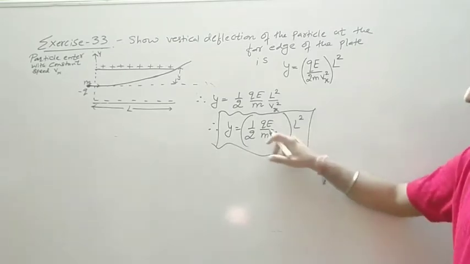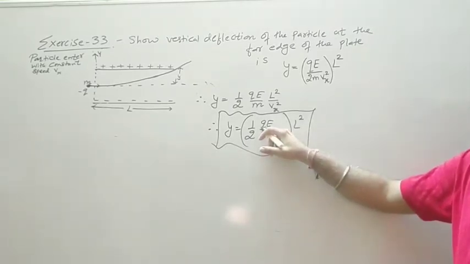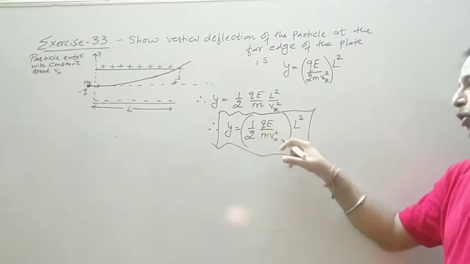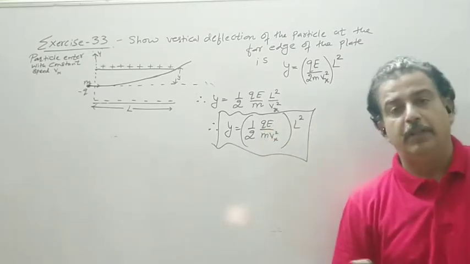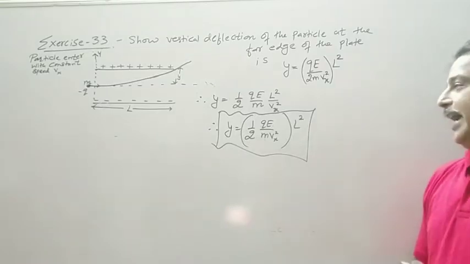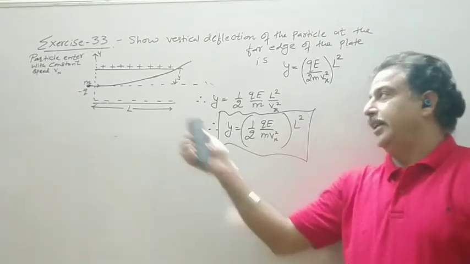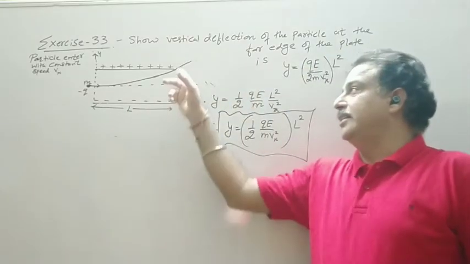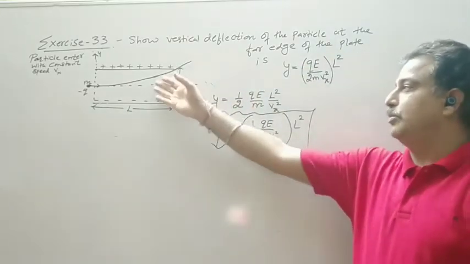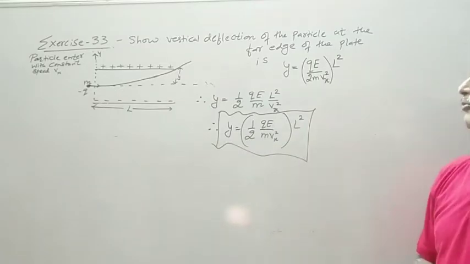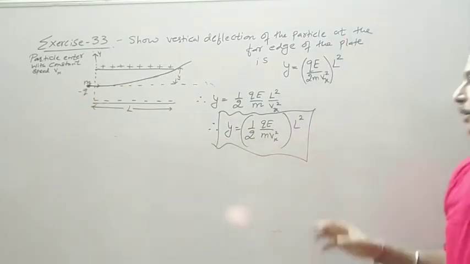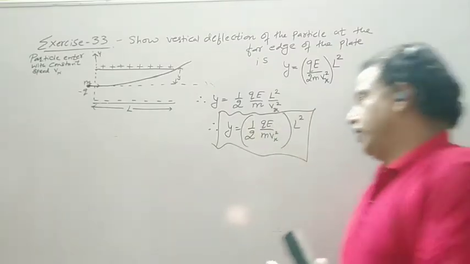Clearly the charge value is known to us, E is constant, m is constant, and the horizontal speed will be given to you. L is the length of the plate. Here we are assuming the far edge of the plate, so we have taken the length, where it comes out at the far edge away from the origin. Now this is the origin. So this is the equation.